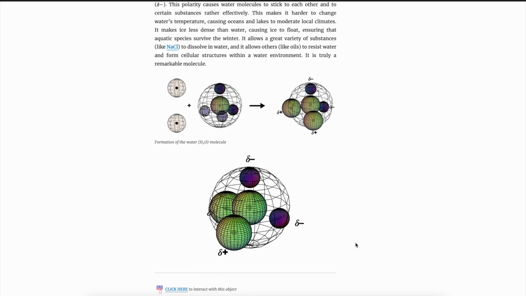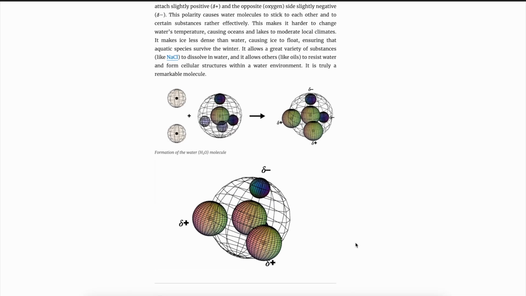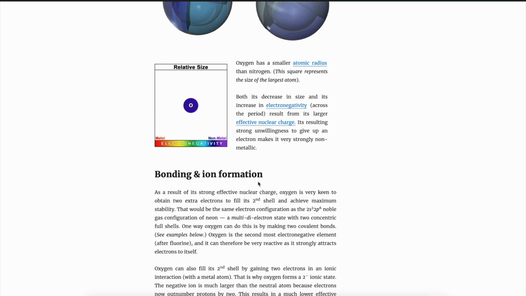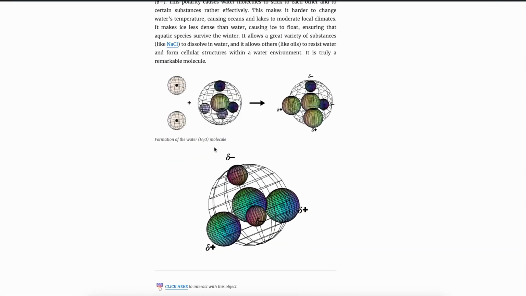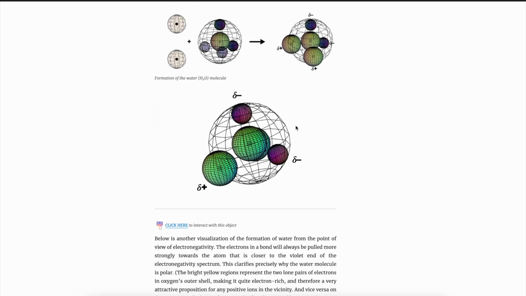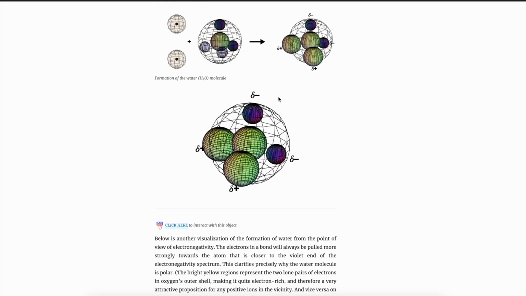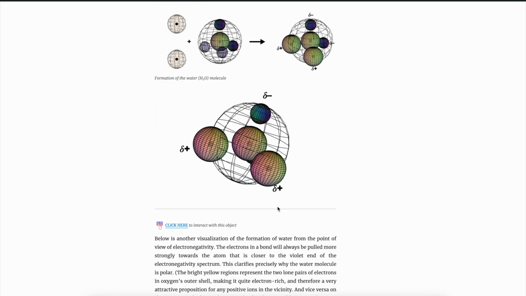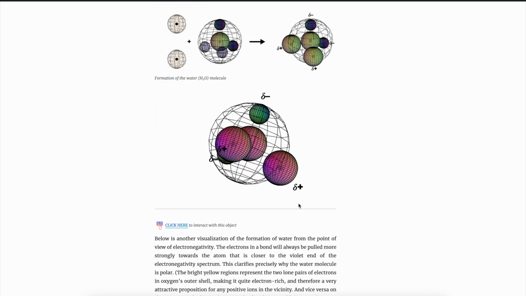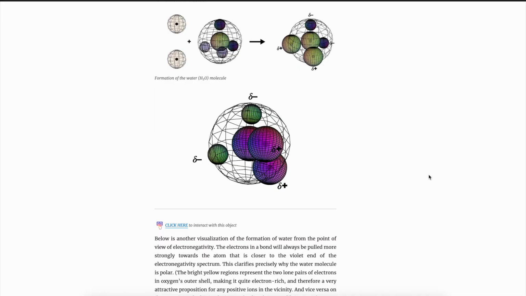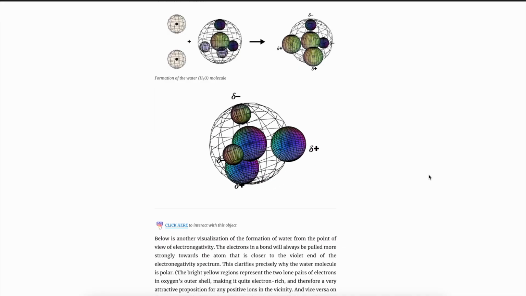Once again, we notice that because oxygen has a very high electronegativity, even higher than nitrogen, it's pulling the electron density from the hydrogens even more strongly, which gives it an even more powerful partial negative charge on the oxygen side and partial positive side on the hydrogen side. And that also has profoundly important implications throughout nature.